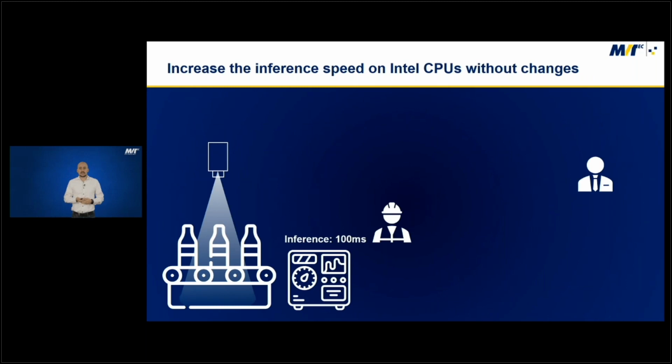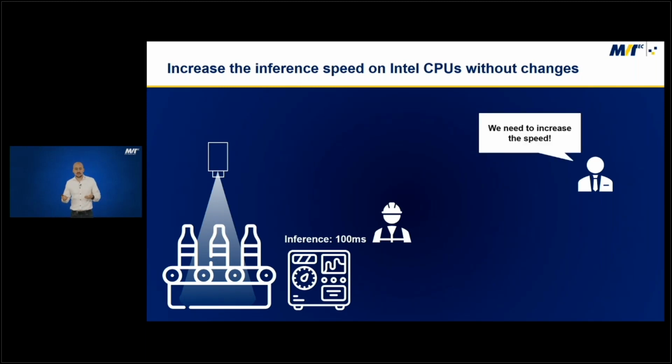The second use case is you have a machine, same example, which runs the inference on the existing CPU of Intel, and you reach around 100 milliseconds. And typically your management comes up and asks you to speed up the machine. But here, same thing, you do not have any possibility to change the system, so you cannot just extend hardware.